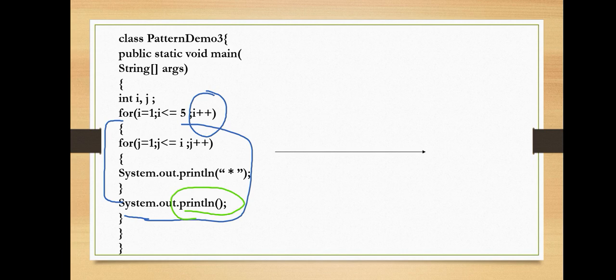So this is the code, this is the for loop. Here we have written for the j value how to print the stars and how to print the rows. And then I am going to close the whole method, that is the whole program.